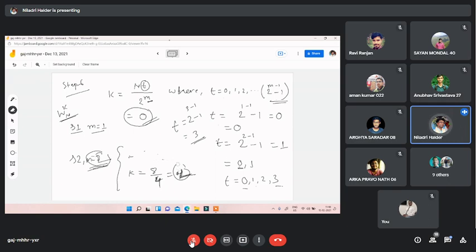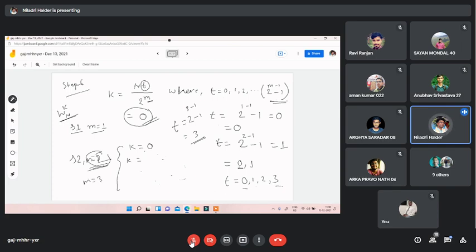So k for t equal to 0 will be 0 obviously. For t equal to 1, here m equal to 3, keep in mind, stage 3.